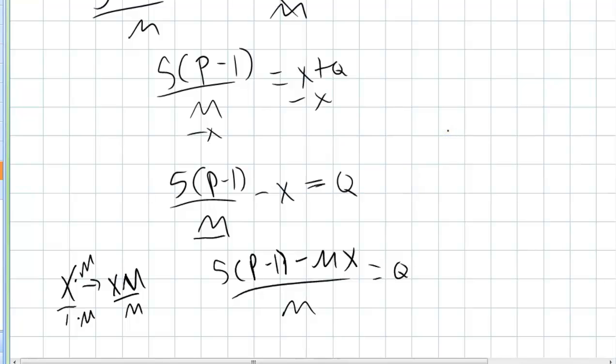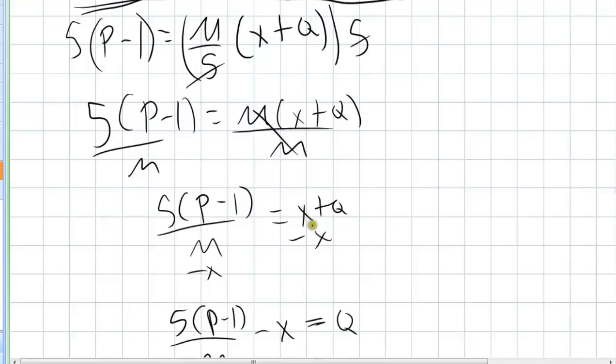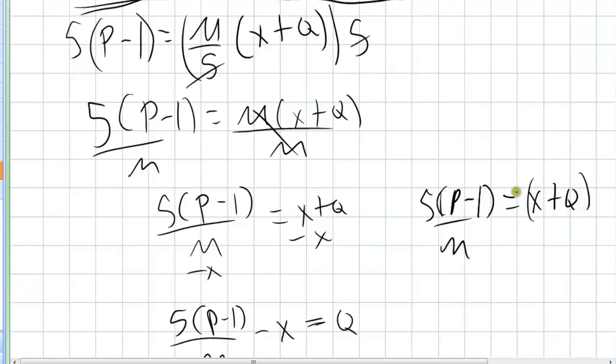You could do it that way, or you could also, let's say you're up here at 5 times (p minus 1) over m is equal to x plus q. I think I jumped ahead of myself.